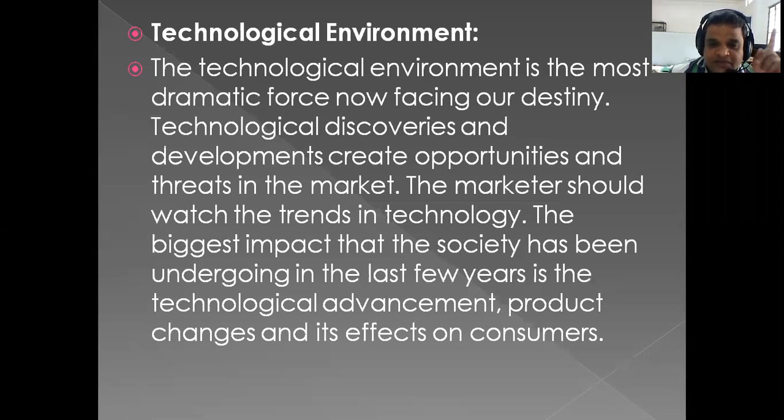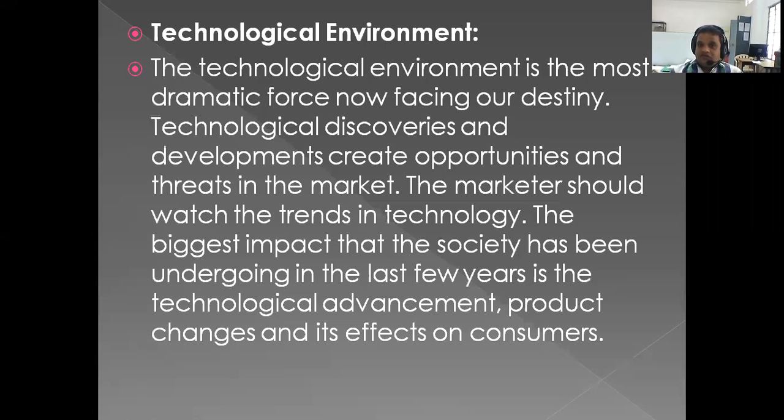The biggest impact that society has been undergoing in the last few years is technological advancement, product changes, and their effects on customers. Until yesterday, we were operating in an environment where there was very little impact of technology, or no impact of technology. But the scenario now is completely different.